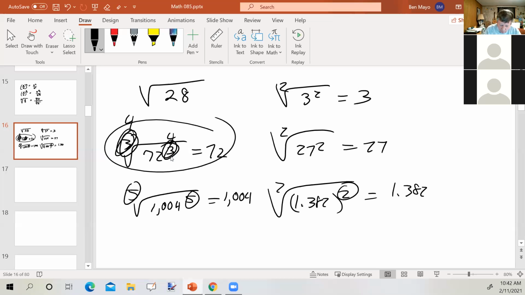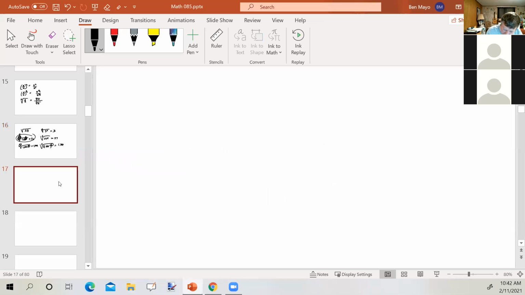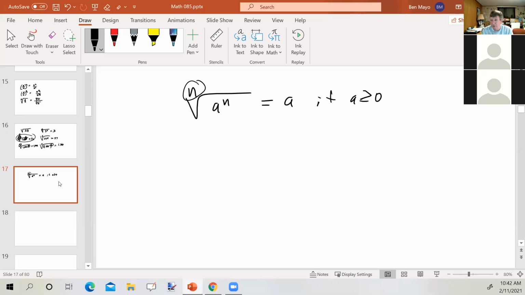But what I'm trying to drive home is this idea: the nth root of a to the n equals a if a is greater than or equal to 0. In other words, the index and the exponent will reduce out as long as a is positive. Now, a could be negative, but then it would only be real if n was an odd root.